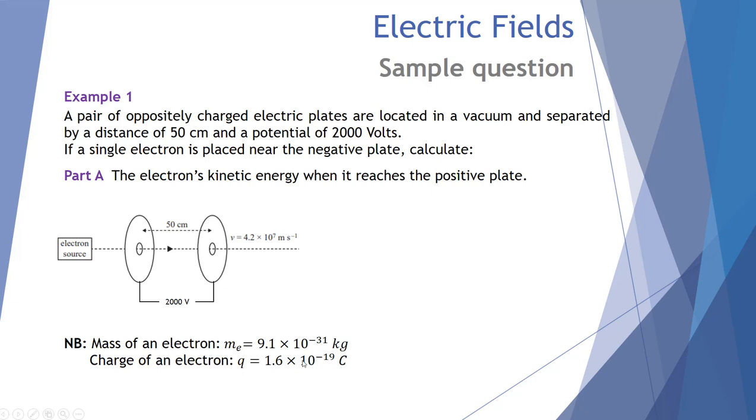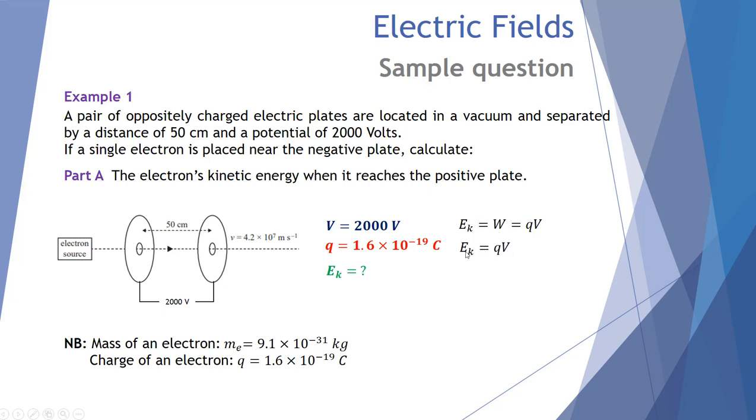So let's try this question. We've got a voltage of 2000 volts. We have a charge of 1.6 × 10⁻¹⁹ coulombs for an electron. The electron's kinetic energy is the question mark. Now the equation that relates these: the gain in kinetic energy is equal to the work done, which is equal to QV.